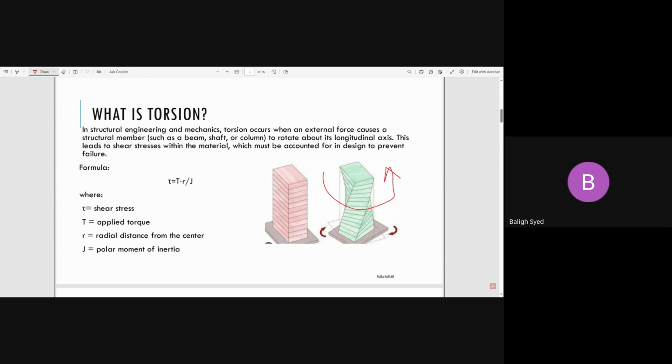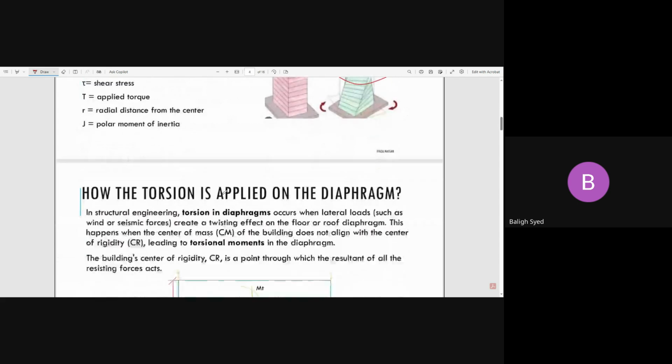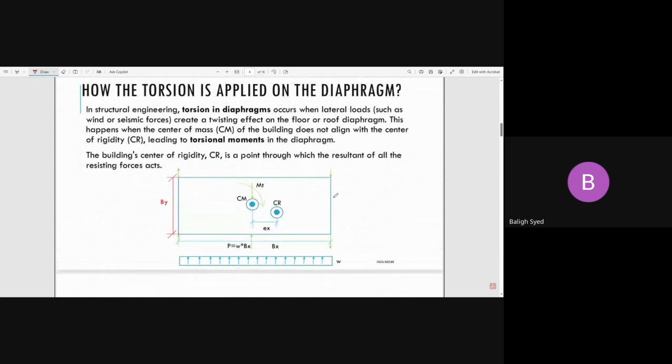It is exaggerated, of course, amplified, and it does not happen that way, but it gives you the visual grip of what exactly is going to happen to your structure if you don't design for the torsional loading.